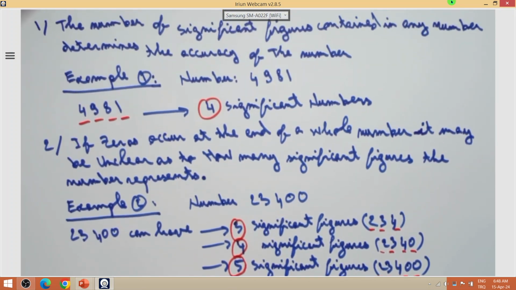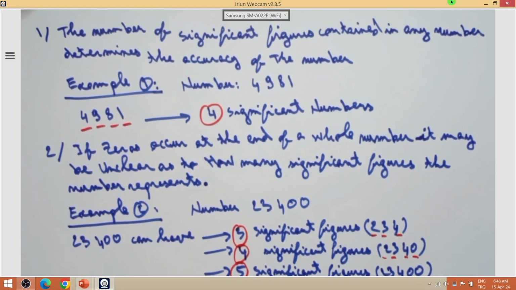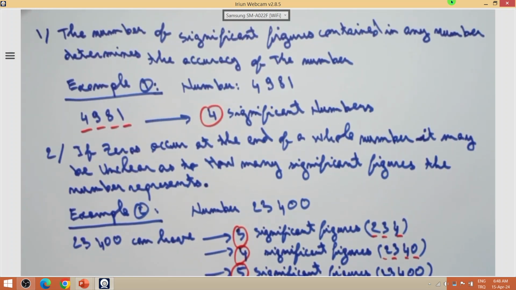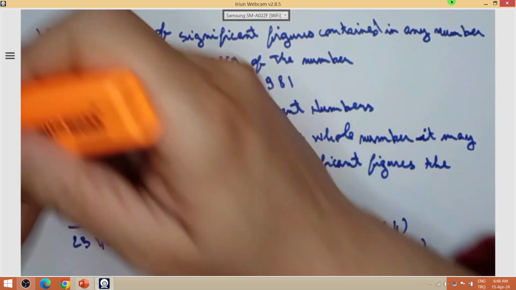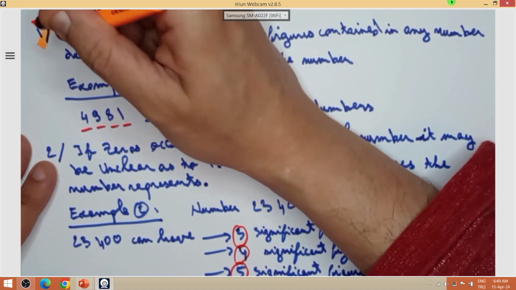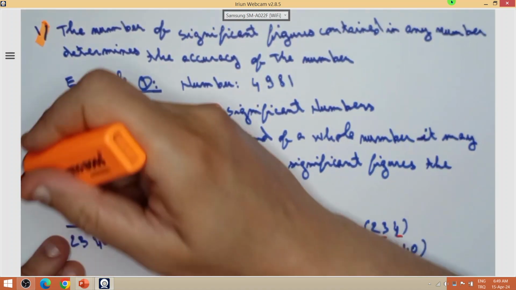So we have seen note 1 about significant figures. We have seen note 2 about significant figures. So let's move and see another note. So I will highlight this. We have seen note 1. We have seen note 2.